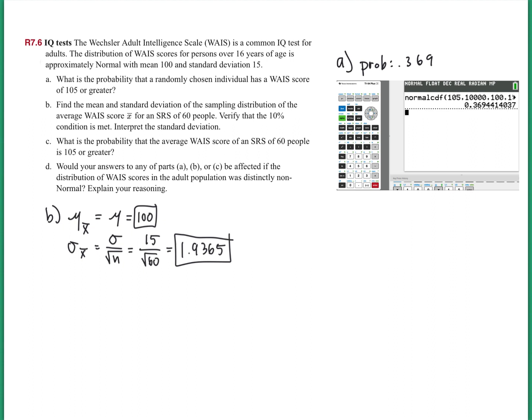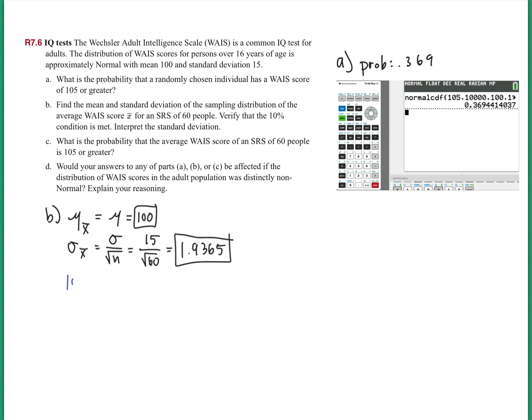Okay, so they say verify that the 10% condition is met and interpret the standard deviation. So the sample size was 60. And so this is definitely less than 10% of the population of all persons over 16 years of age.